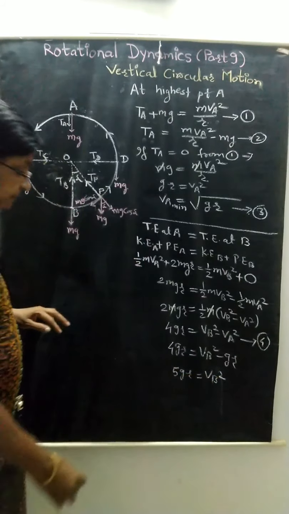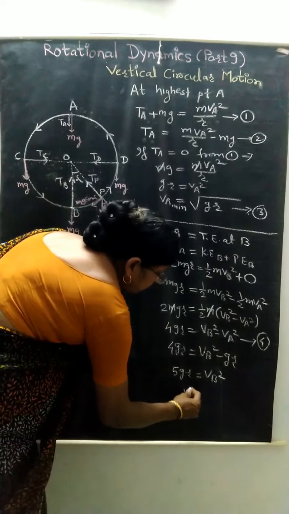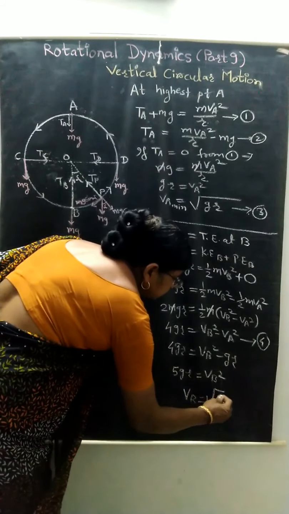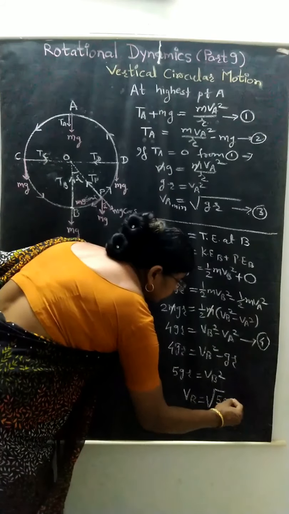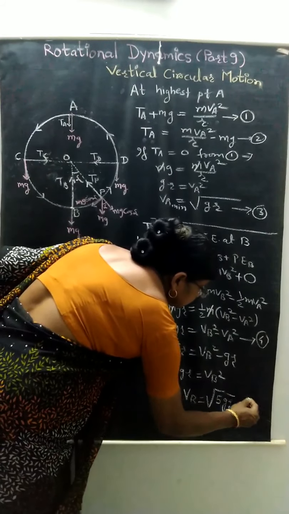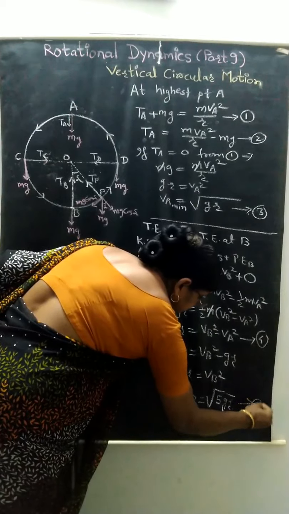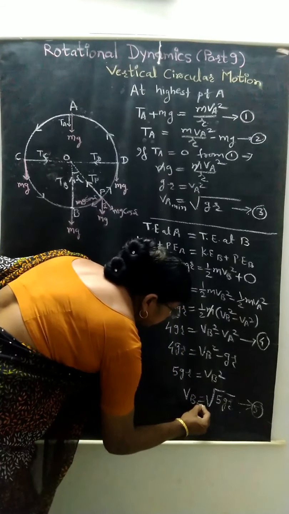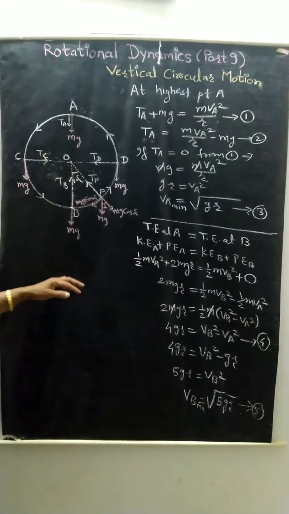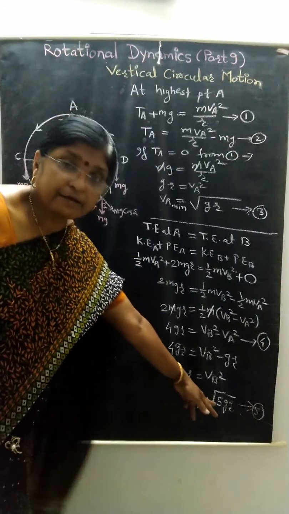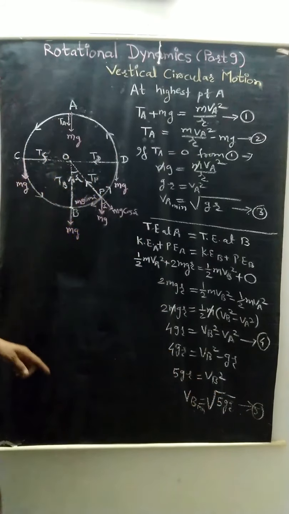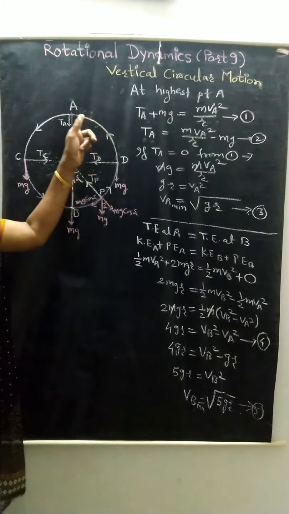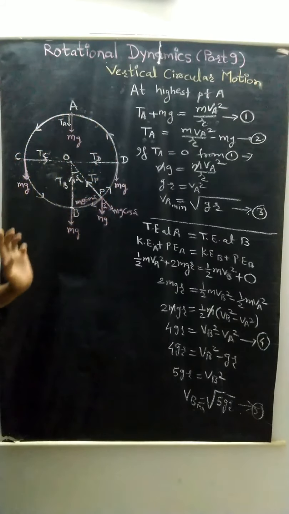Hence Vb will naturally be equal to under root 5gr or root of 5rg. This is the important equation, that at bottom point the minimum speed must be at least equal to under root 5gr, so that the object can complete the vertical circle.